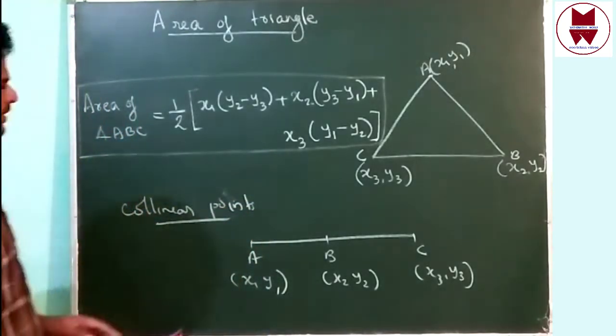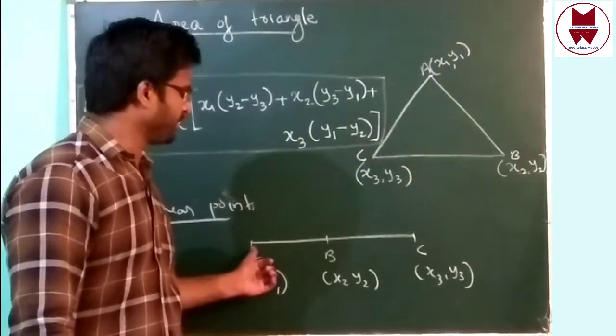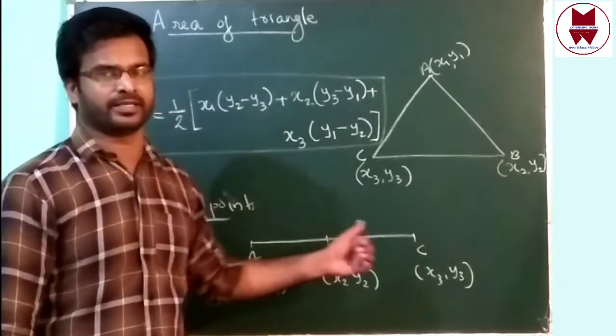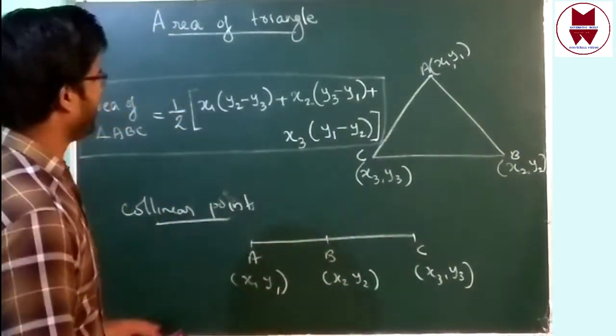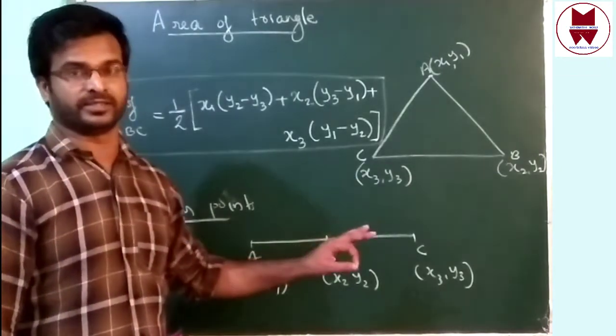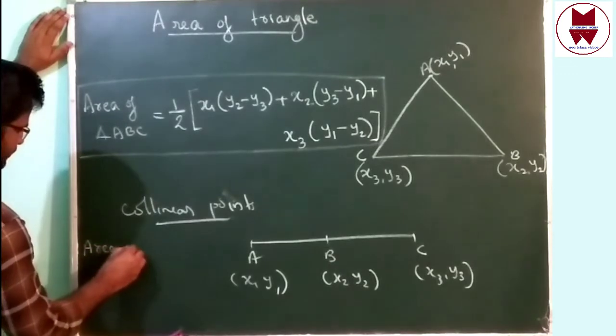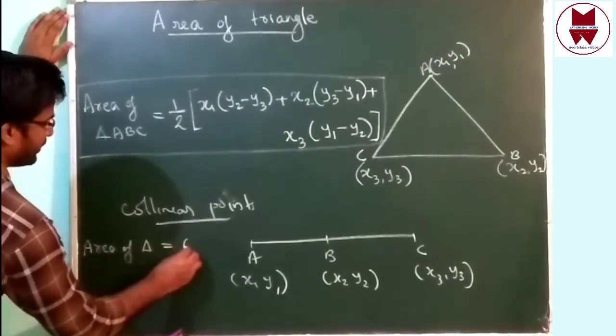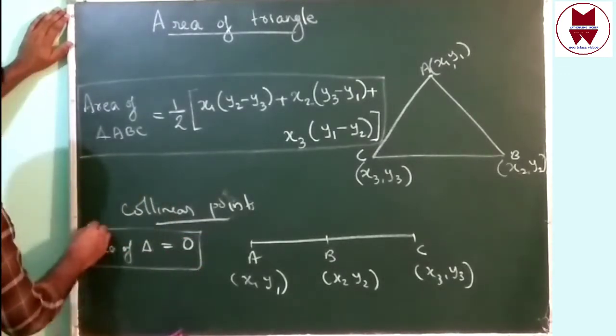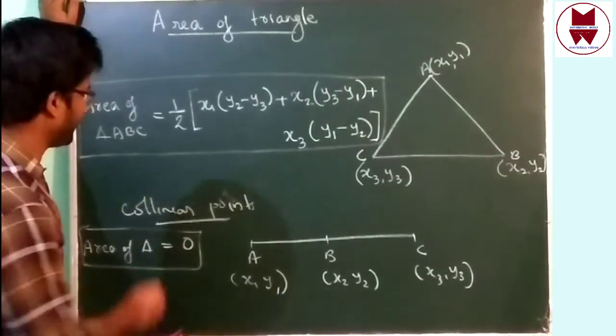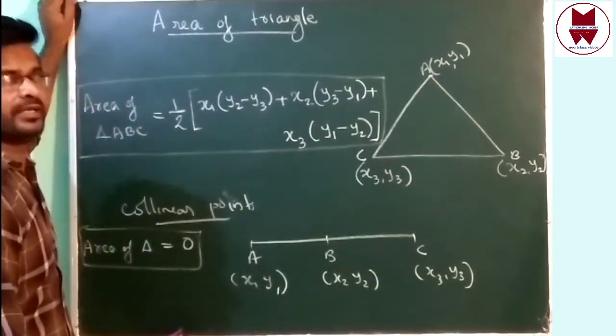Then can you make any triangle using A, B, C? We cannot make any triangle. At that time, what is the area of the triangle? We will get 0. When 3 points are collinear, the area of the triangle will be 0.